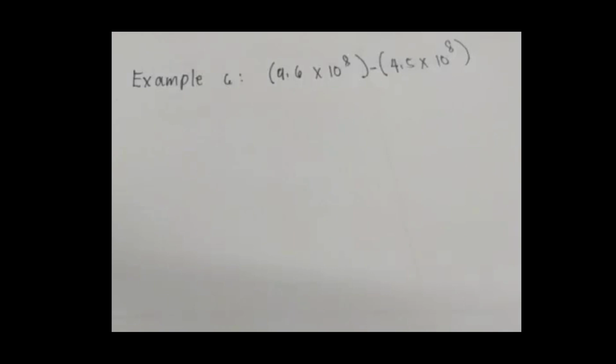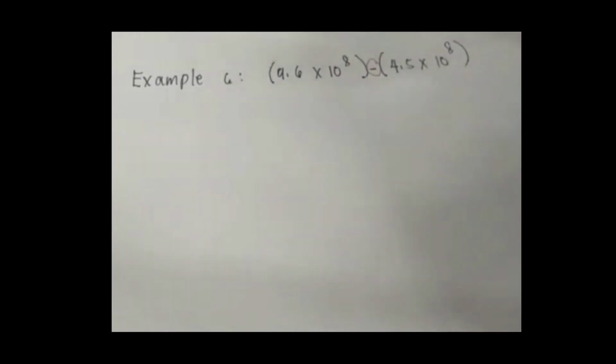Number 6. 9.6 times 10 to the power of 8 minus 4.5 times 10 to the power of 8. So the operation here is subtraction. Remember that in subtracting numbers with scientific notation, the first thing that we must consider is the second factor.